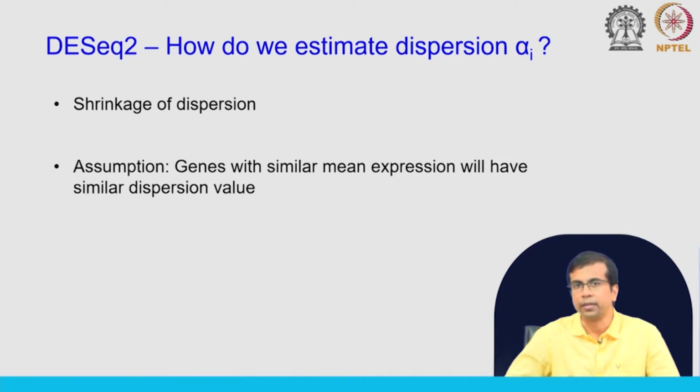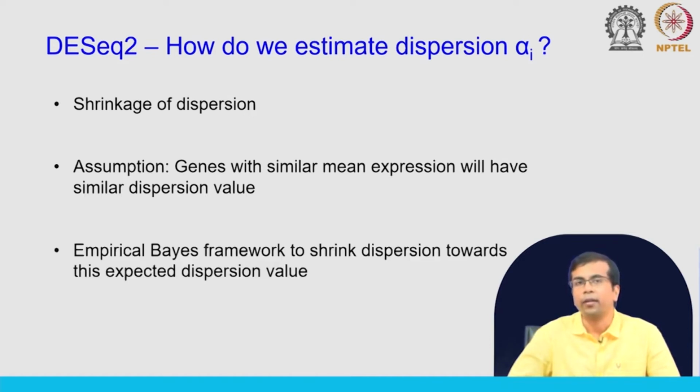This is an assumption that DESeq2 makes, and based on that it applies an empirical Bayes framework to shrink dispersion towards the expected dispersion value. If you look at the original reference, you will see that once we calculate this dispersion value for each gene, for some genes the dispersion will be much higher than the group of genes that show similar mean expression. So, there is a relationship between dispersion and mean expression.